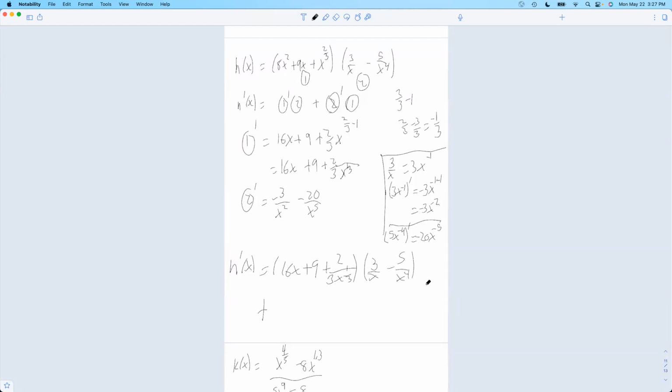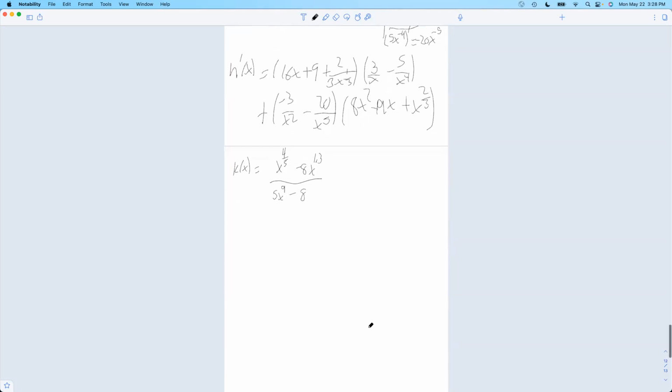Plus, this should ideally all be on one line. Derivative of the second, negative 3 over x squared minus 20 over x to the 5th, times, leave the first alone. And notice all my parentheses here. These are all required. If you don't write these parentheses, you're going to get the wrong answer.